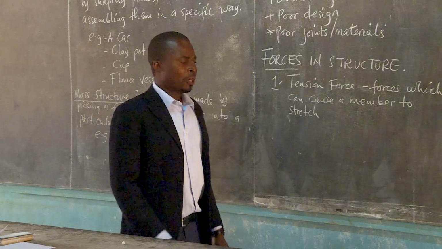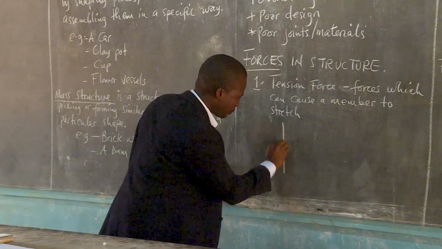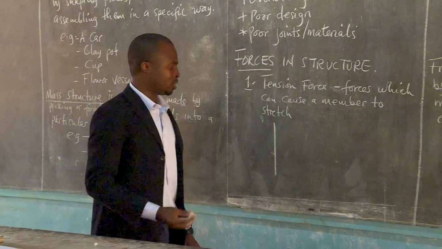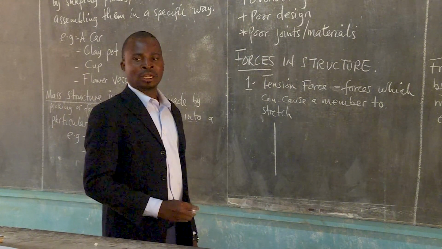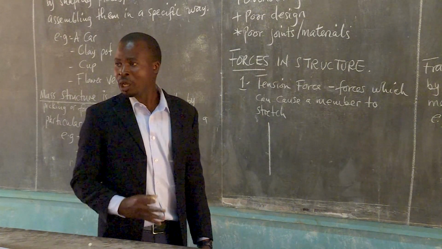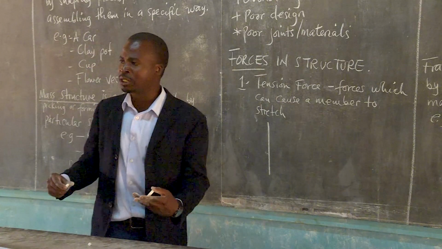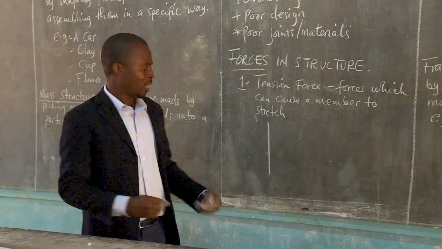For example, you are told to make a billboard. That billboard is supposed to be attached to a wall. Now you need to make a structure that will support it on the wall.